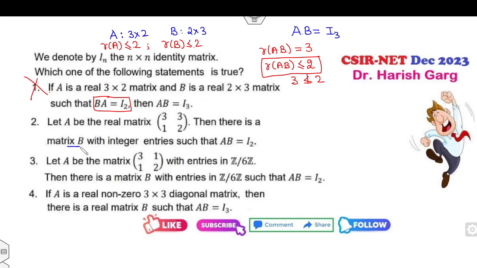Now, A is a real matrix. Then there exists a matrix B with integer entries such that AB is equal to identity. The most important words here are integer entries.